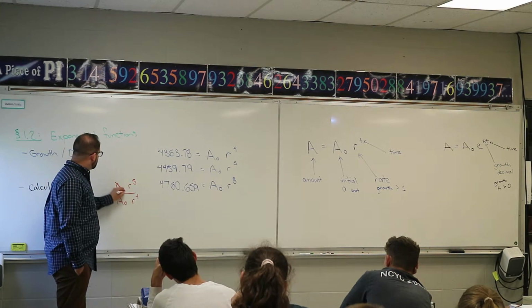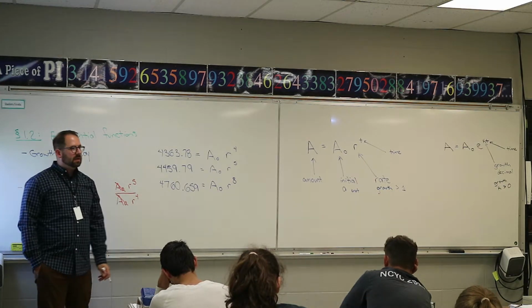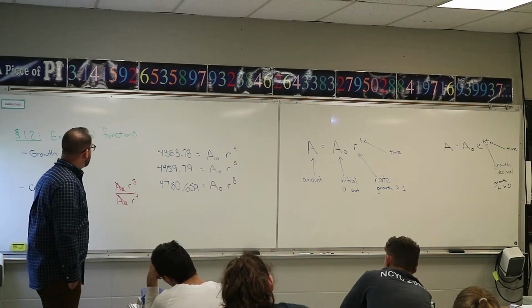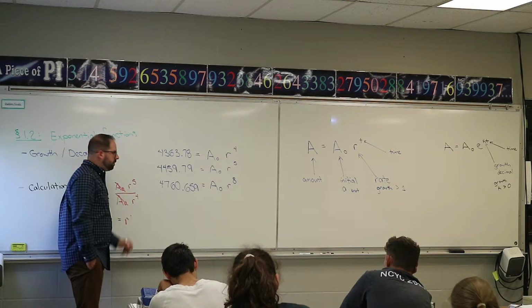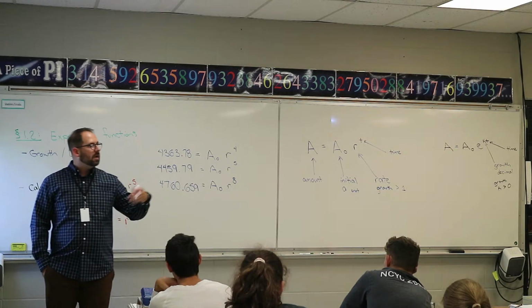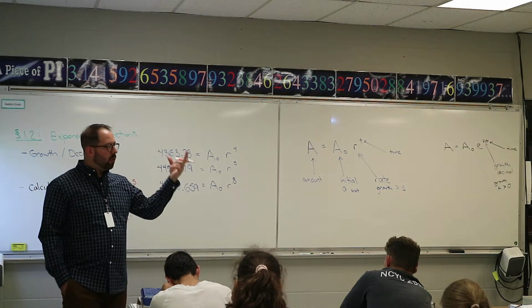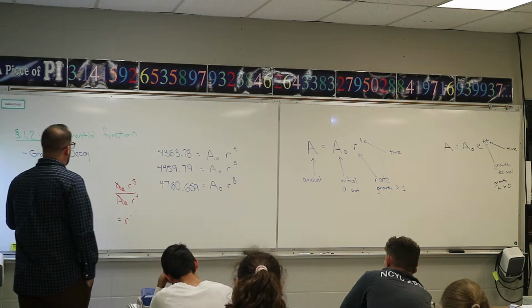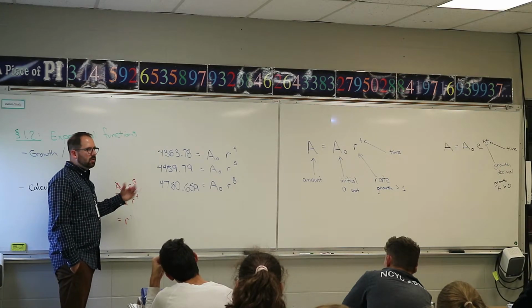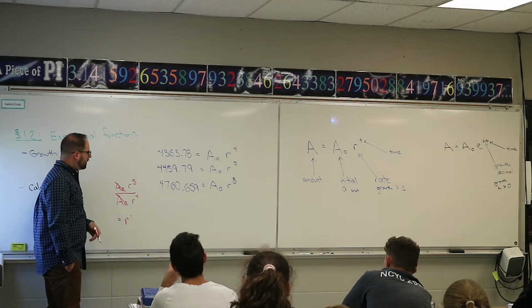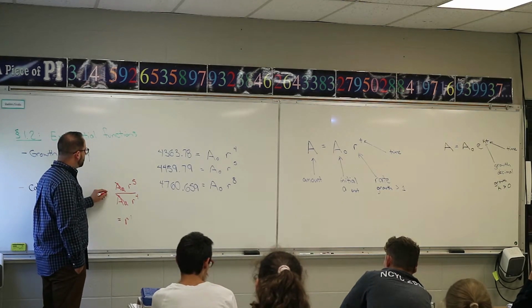They would cancel, right? Because in a normal division, like terms would cancel out top and bottom. What happens to the R's if I divide those? It just becomes R to the 1st power, right? Because they would literally cancel. In theory, if these are the same rates of growth, the R's would cancel out to be R to the 1st. That's 5 over 4. You cancel like a normal division in Algebra 2 class. It's called the cancellation method for exponents.